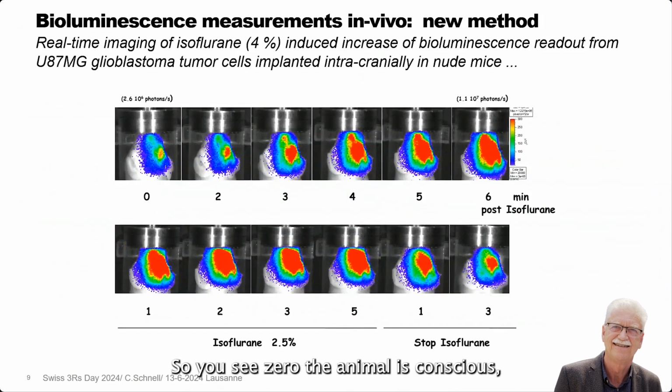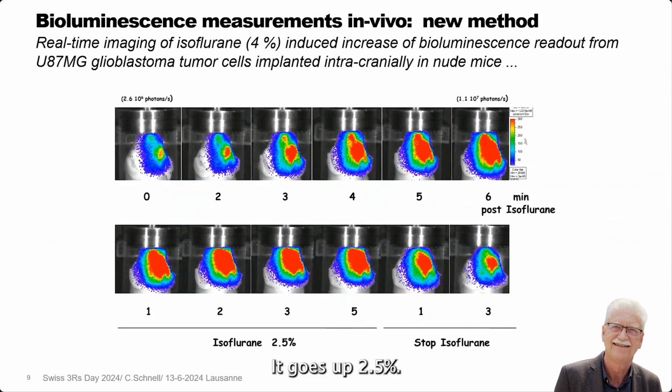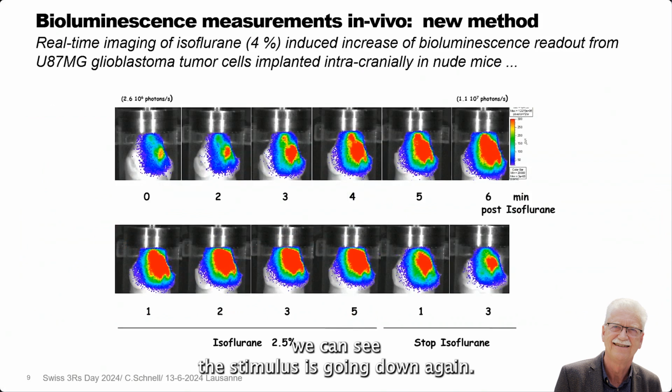So you see 0, the animal is conscious, then we start to anesthetize the animal, and this is now the signal of this glioblastoma tumor in the brain of the mice. It goes up at 2.5%, it stays there, but as soon as we stop isoflurane and the animal starts to recover, you can see the signal is going down again. So that was really, really nice to see.